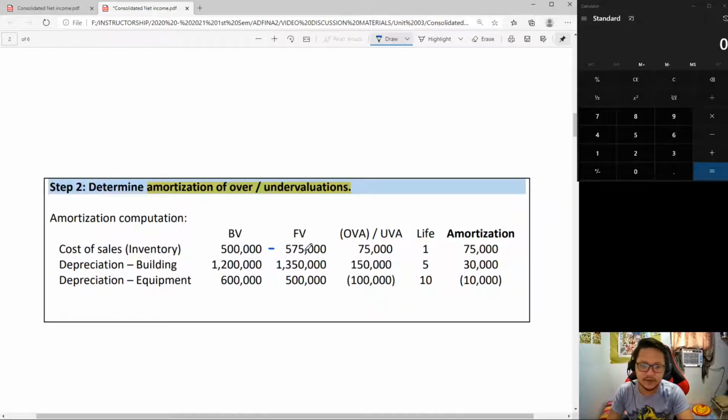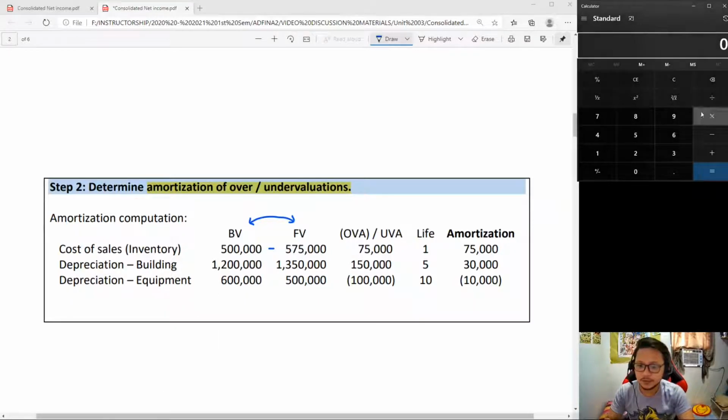500 minus 575. Here, the depreciation of the building, 1,200,000 and 1,350. The fair value is higher. To be more precise, you can interchange this, because 1,350 minus 1,200 is a positive 150. So a positive 150 depreciation of the building is related to this. Only 1,200 was depreciated. So Shanks' depreciation is 1,200 divided by 5 years, and the depreciation Shanks recorded is only 240.